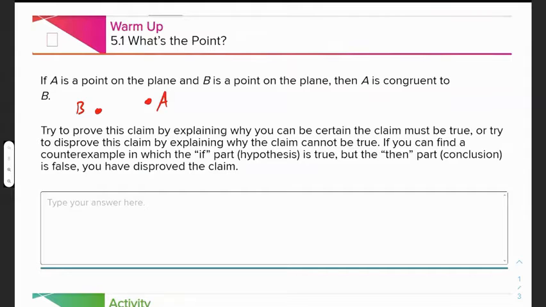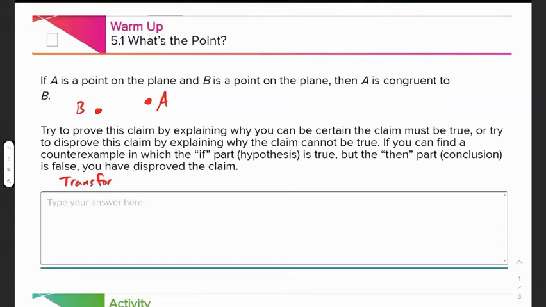If you can find a counterexample in which a certain thing is true, but this part is false, you have disproved a claim. Well, I think I can prove this one. Think about it. We have transformations.